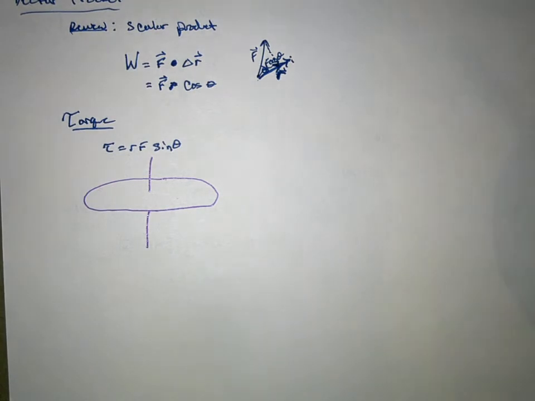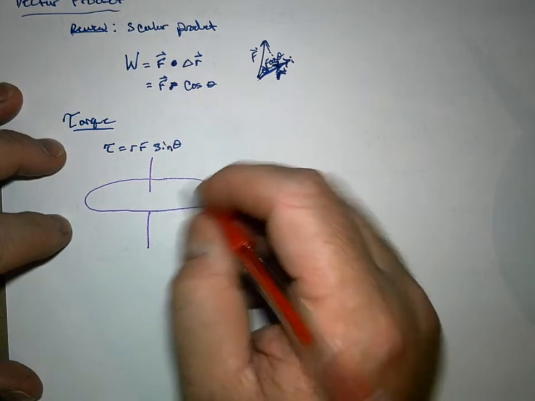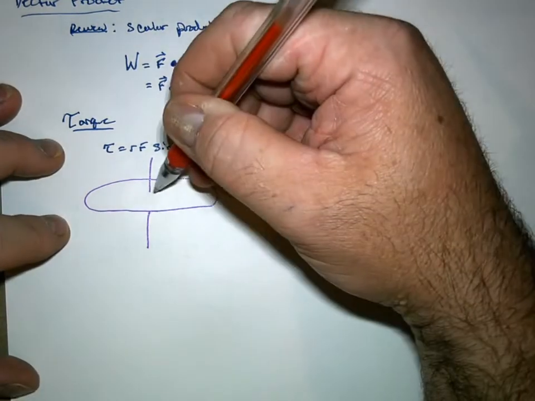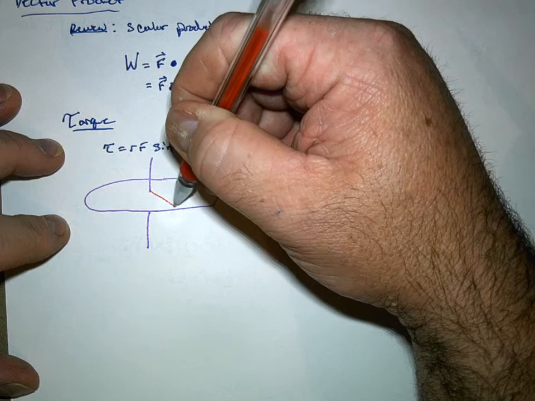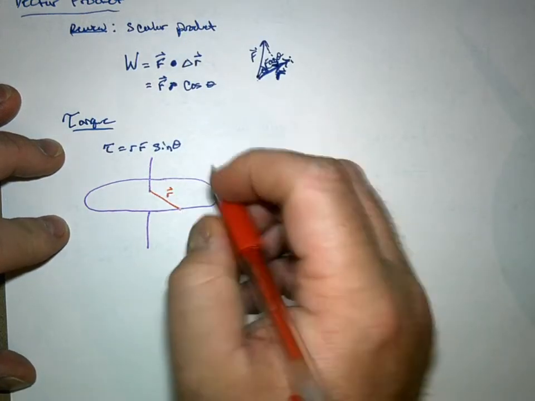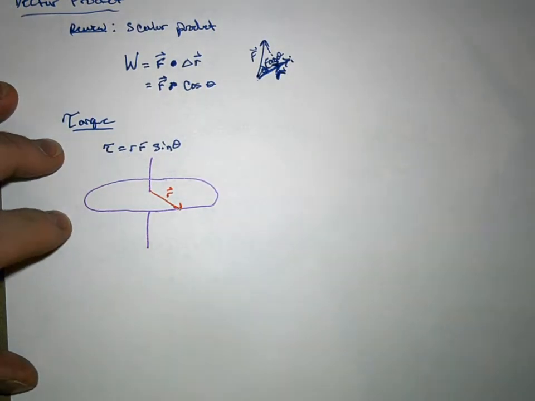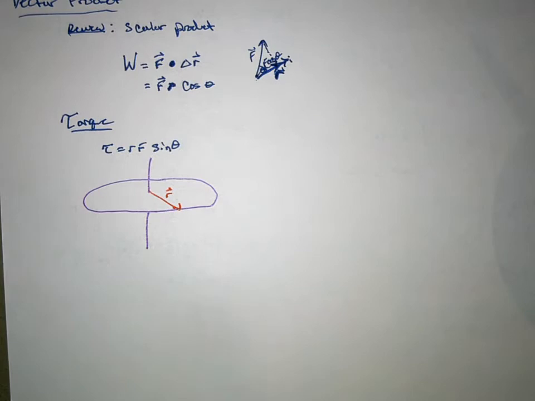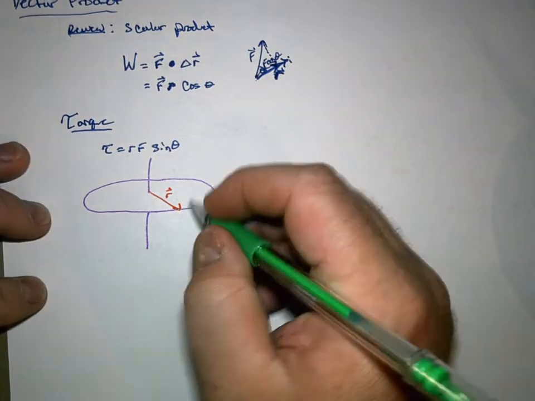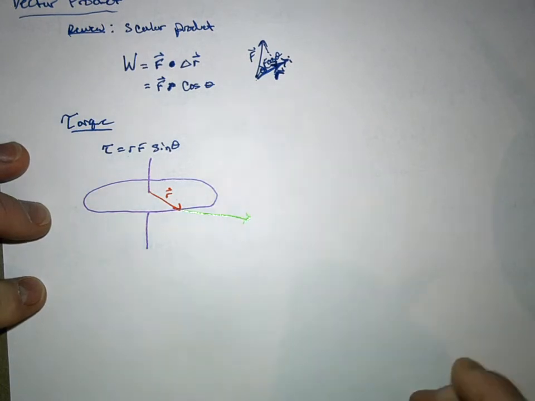You guys may notice that I'm doing the radius in red right now. We have a radius out to the edge of the circle, and then we have a force, and our force might not be in the direction of the circle. Our force might be off at an angle in that direction.